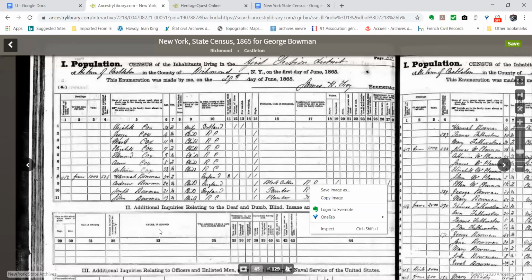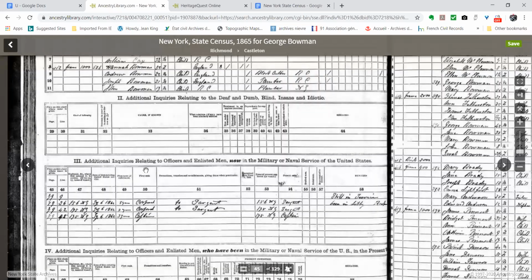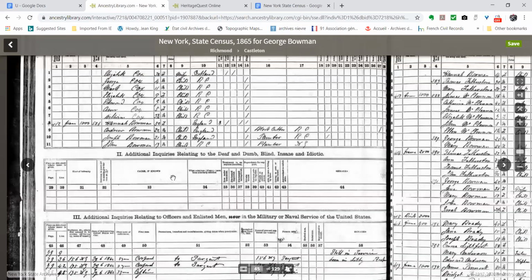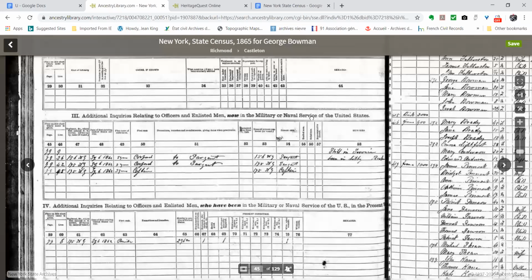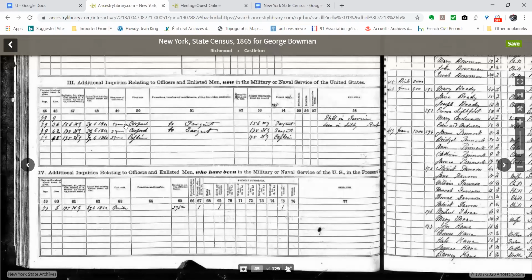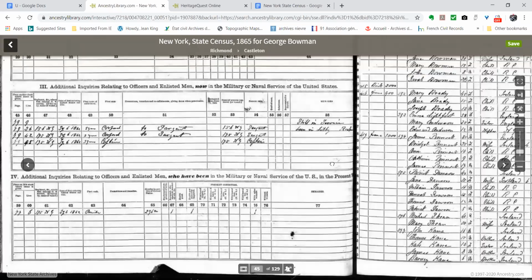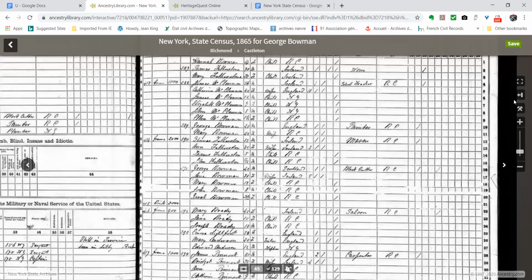So in this one, they actually had separate columns for people who were in the military and listed them over here. They could have put someone here, the deaf, dumb, blind, insane. And here's one for men who had been enlisted. So you've got the current enlisted men and the ones who were enlisted. And they're over here somewhere. Here they are.